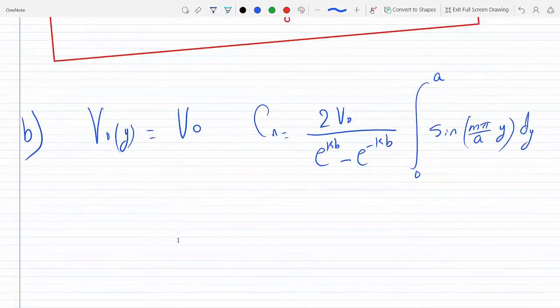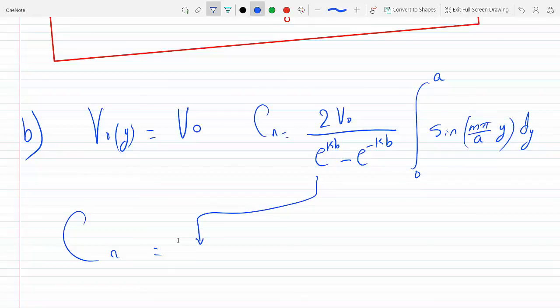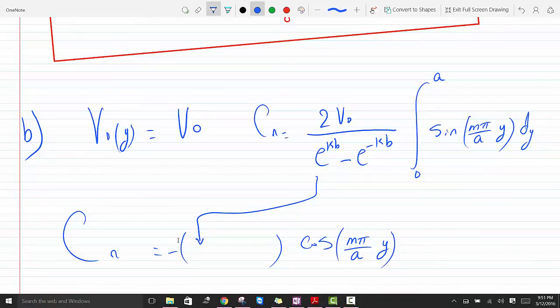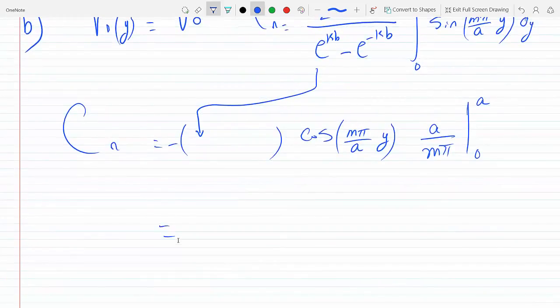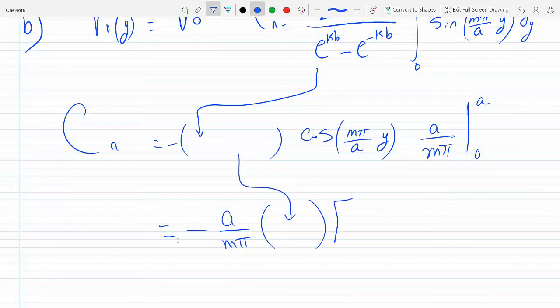So what's the integral of sine? These here stay the same. We have minus cosine of m pi over a y, and then we multiply by the chain rule, dividing by m pi over a, or multiplying by a over m pi, from 0 to a. Plugging in, we get minus a over m pi times cosine m pi minus cosine 0.